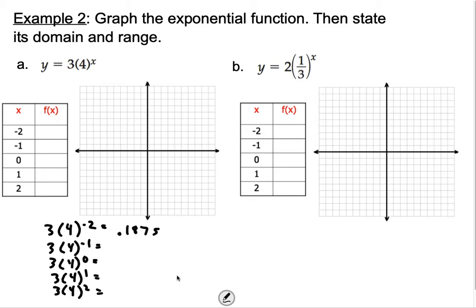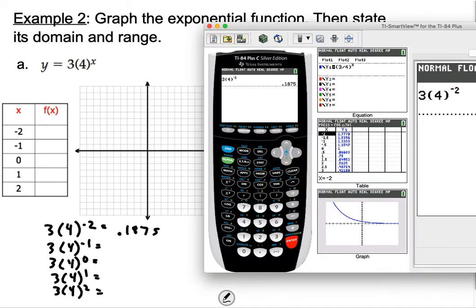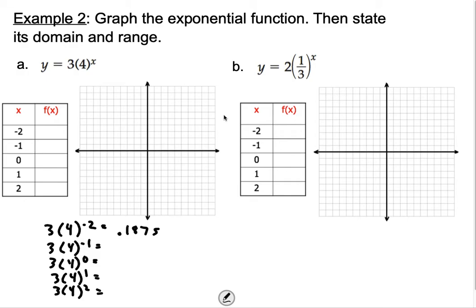If I do the next one here, 3 parentheses 4, just doing exactly what it says in the function itself, and where the x is, I'm going to put the value of -1 in there, and I get 0.75. You could keep doing that for each one of those, and I'm just going to fill in those values now: 3, 12, and 48.